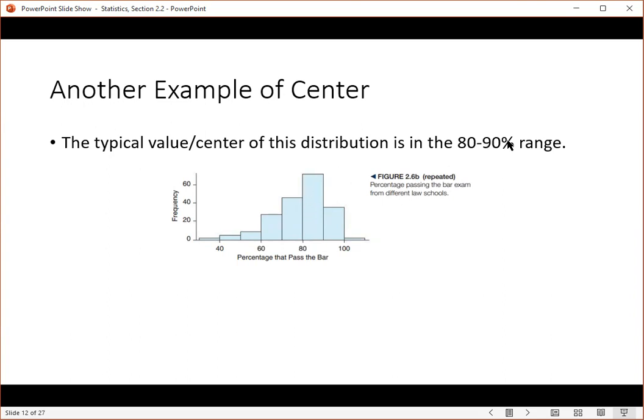But definitely in the 80 to 90% range. So that's kind of a cop out that you can give. You can say, hey, the typical value is somewhere in this area between 80 and 90%. But I would say because of all the extra data that's on the left, it's going to be leaning more on one side than the other.